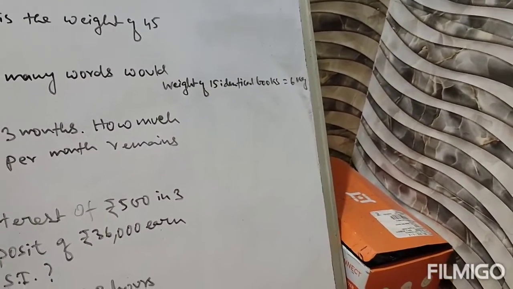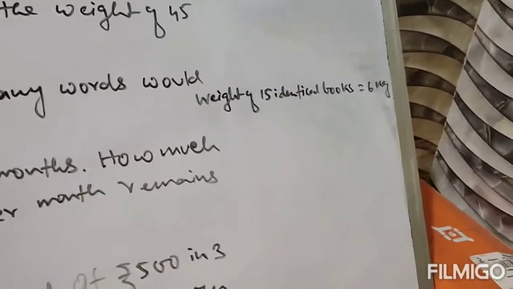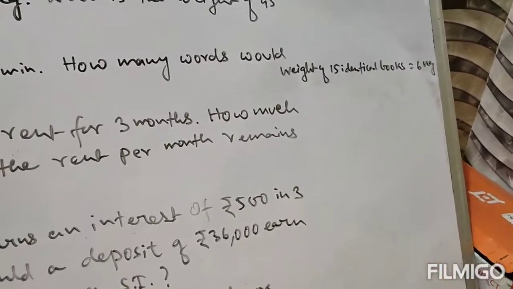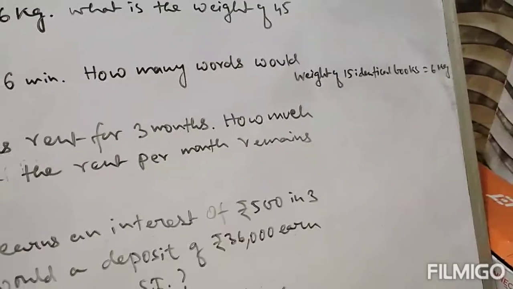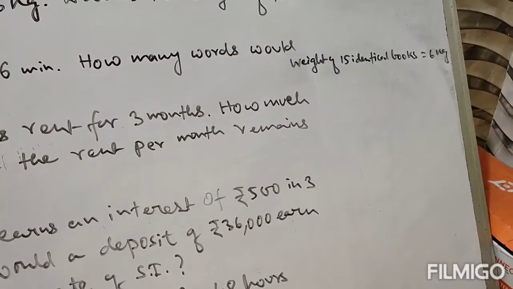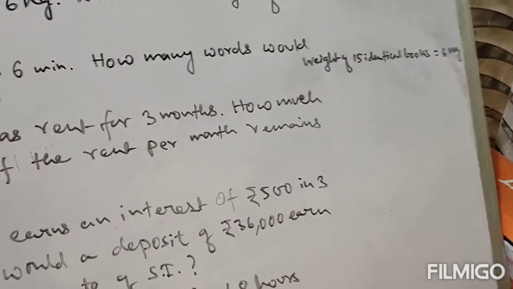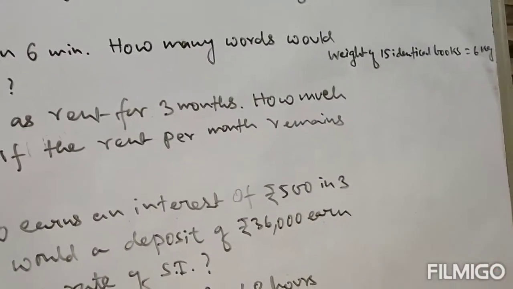It is given. We have to find out the weight of 45 such books. Before finding the weight of 45 such books, we need to find the weight of one book, because it is the unitary method. So we will first find the value of one, that means the value of a single unit. Then we will calculate the required digit.